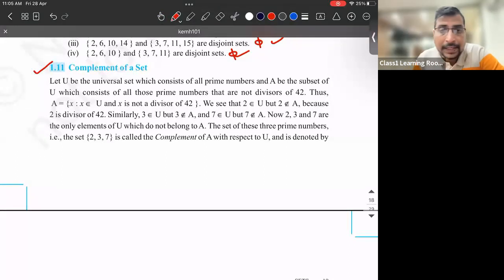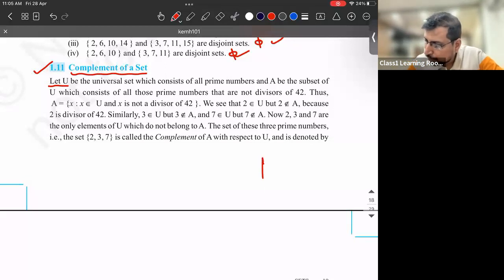So write down the heading as complement of a set. What do you mean by a complement of a set?